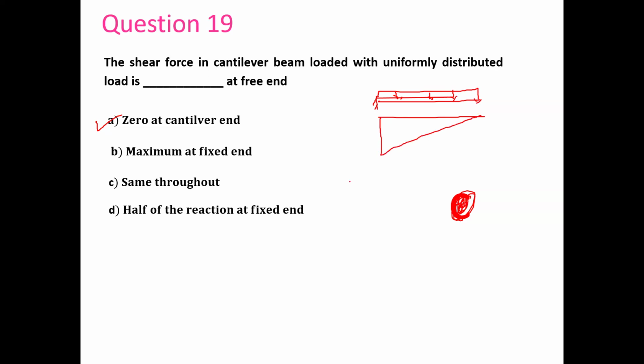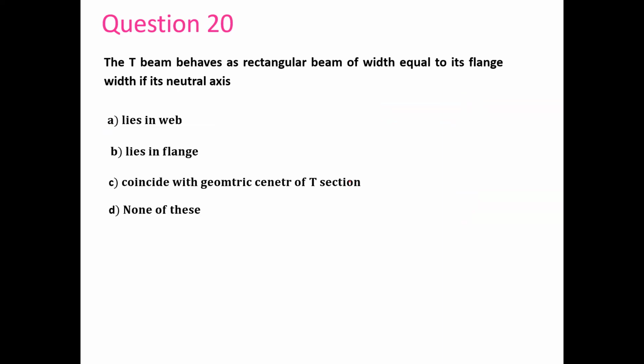And then we have: a T beam behaves as a rectangular beam of width equal to its flange width if the neutral axis lies in the flange. So the option is B. Means if it is a T beam, we have already solved the problem. Go to the problems in the class notebook.